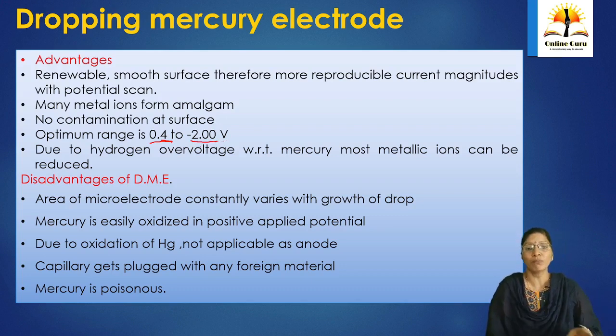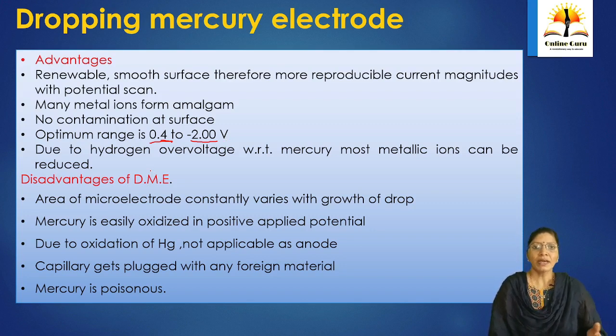Most often, many metal cations get reduced, so it can be applied as a cathode. Why? Because from the periodic table, whatever metal cations are there, their reduction potential ranges up to minus 1.8 volts. So it is sufficient to carry out all analysis of metal cations using the dropping mercury electrode.